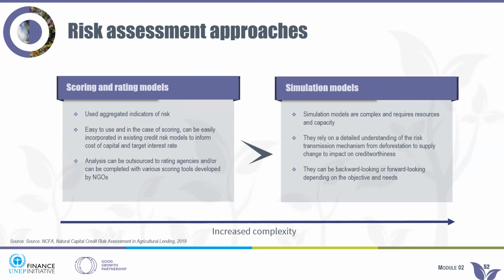So on the one hand, scores and ratings provide a synthetic assessment of the risk that is meant to encapsulate in one single metric the different dimensions of the risk, but also its transmission mechanisms and channels. It's a convenient way to measure and compare companies and to compute their respective probabilities of default without having to disentangle all the interconnected relationships linking the environmental world to the economic world, and then the economic world to the finance world.